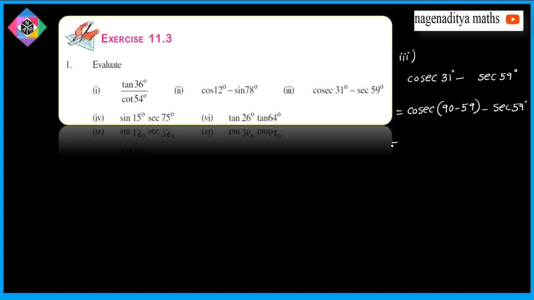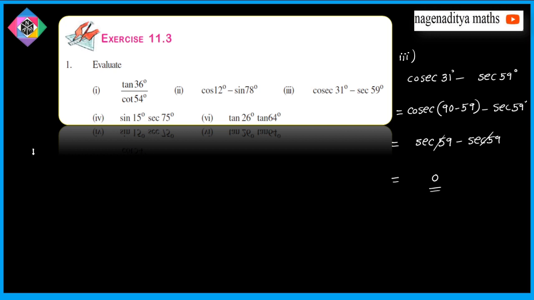Cosecant of 90 minus theta is secant theta. So this is secant 59 minus secant 59. Both cancel, so this becomes 0. So cosecant 31 degrees minus secant 59 degrees is equal to 0.